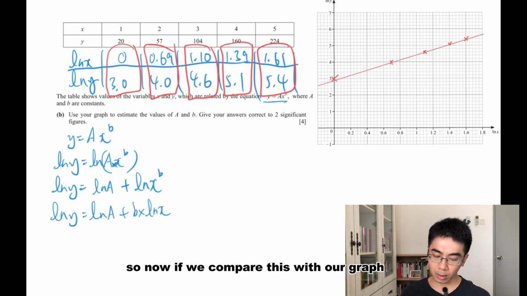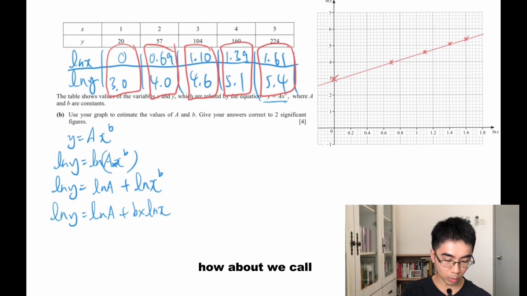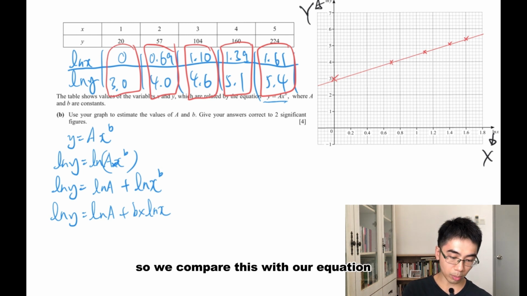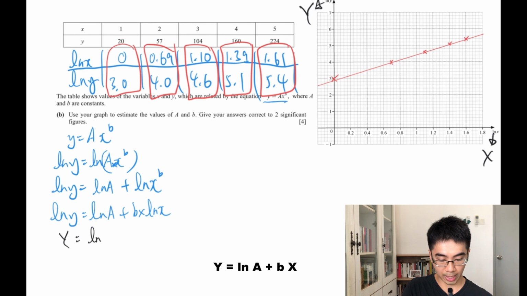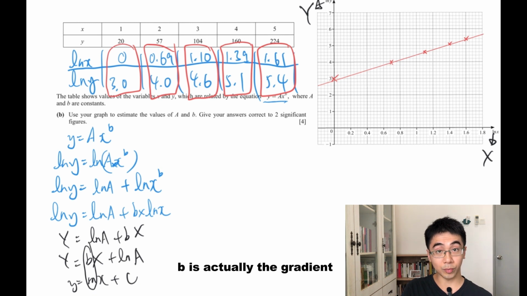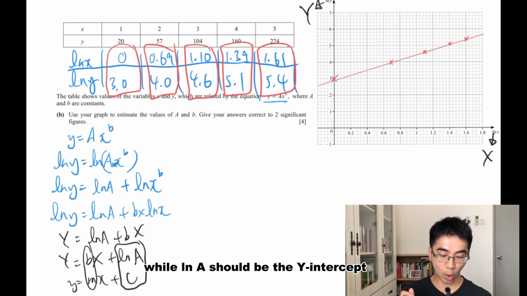Now if we compare this with our graph, we call natural log y capital Y, and natural log x capital X. So we compare this with our equation. It's Y is equal to natural log a plus b times natural log x, which, if we rearrange it, should be bX plus natural log a. If we compare with y is equal to mx plus c, the b is actually the gradient, while the natural log a should be the y-intercept.